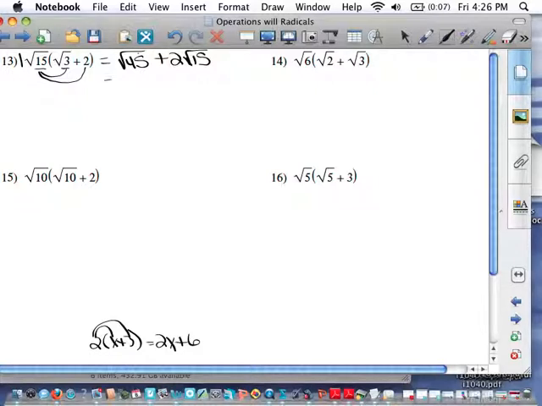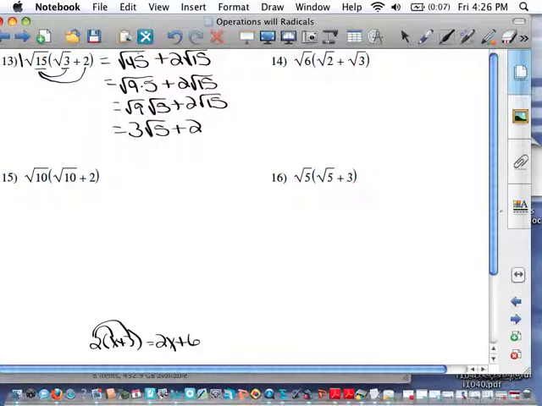Now I need to simplify. 45 factors to 9 times 5, plus 2 times the square root of 15. So I have the square root of 9. 9 is a perfect square. Square root of 5 plus 2 square root of 15. This gives me 3 square root of 5 plus 2 square root of 15.